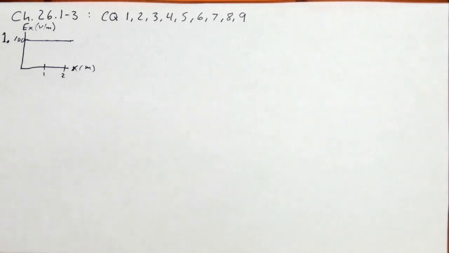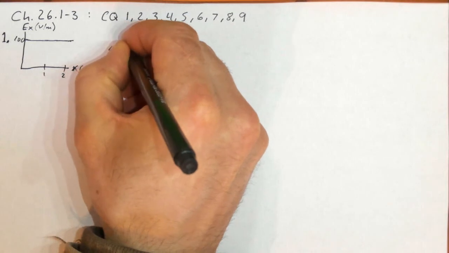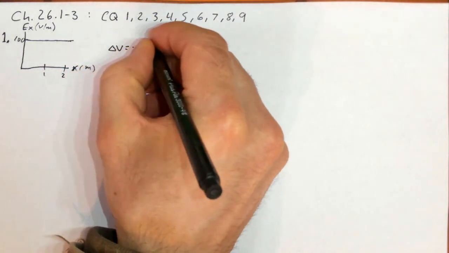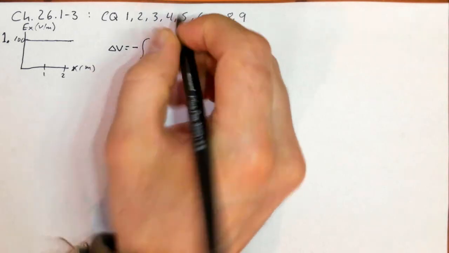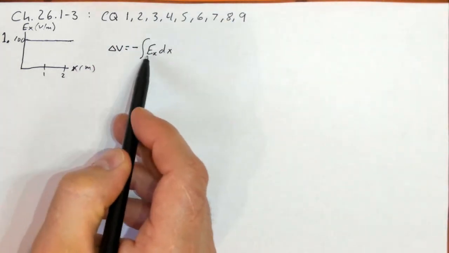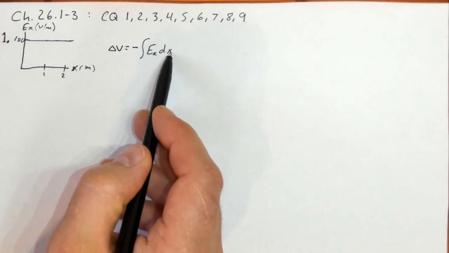So remembering that the potential difference is equal to the negative of the integral of Ex dx, where this was E dot ds, and then I took the dot product to take just the component of the electric field in the direction of the motion.